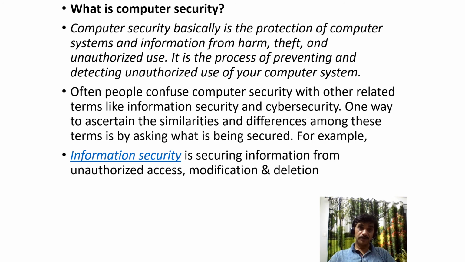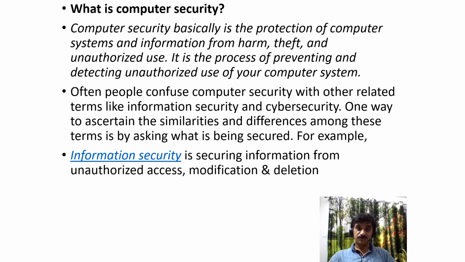So to prevent this, we need computer security. Computer security basically is the protection of computer systems and information from harm, theft, and unauthorized use. This is the process of preventing and detecting unauthorized use of our computer system. So it helps us to protect our data and the system.